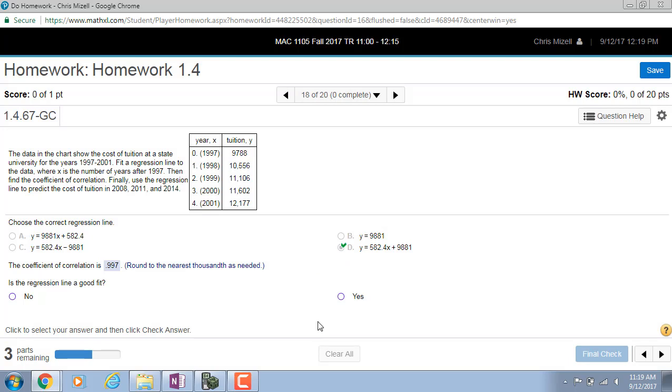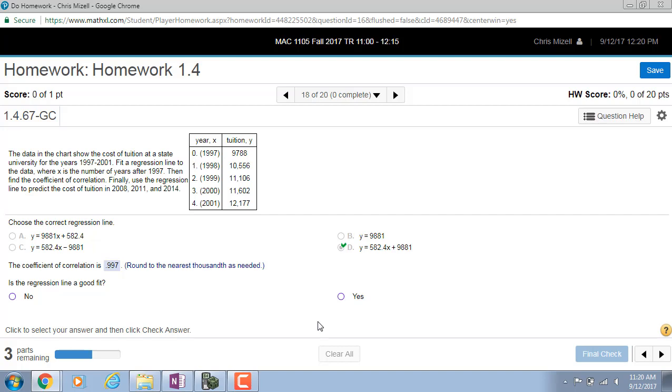Is the regression line a good fit? Basically, if that number has an absolute value close to 1, and it does, it's a good fit. If it's close to 0, it's not a good fit. In between, what, 0.5? Is that close to 1 or is it close to 0? Well, there's a clearly laid out procedure that we do in statistics based on the size of the sample, that is how many ordered pairs there are.